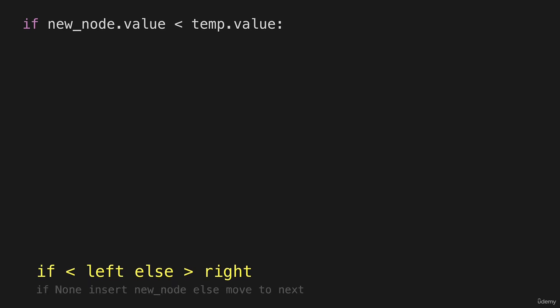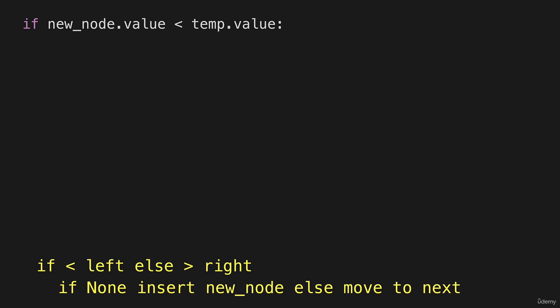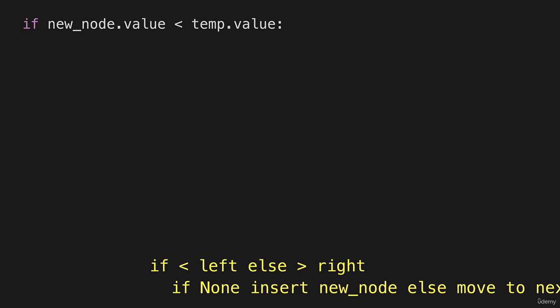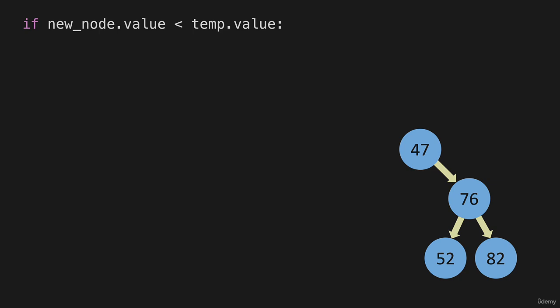And the second if statement in the notes down here is actually nested inside of the other if statement. And we'll see that in a second, but for now I'm going to remove the notes, and it's going to be easier to finish explaining this by bringing up a diagram. So we're going to insert this node here, and remember temp is going to be pointing at the root here.